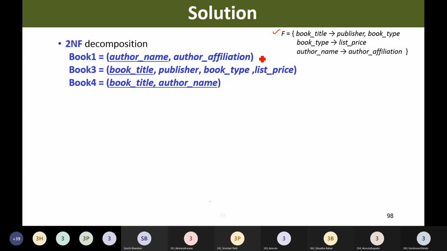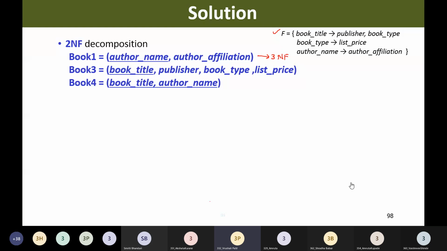Whether book 1 is in 3NF. What is the definition for 3NF? Anybody?